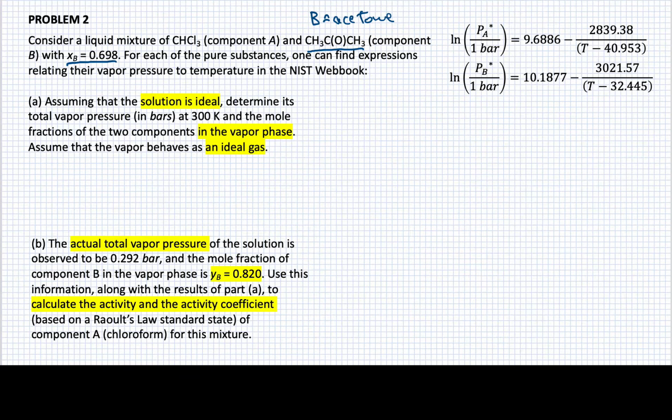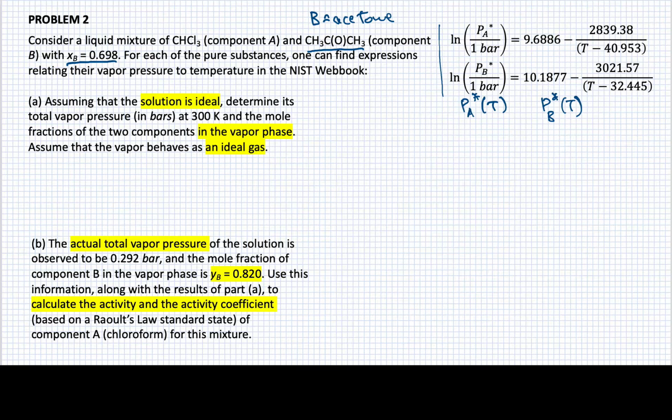And we're given the mole fraction in the solution. And we know the pure vapor pressures of these things as a function of temperature, so this is giving us the pure vapor pressure of chloroform as a function of temperature, and the pure vapor pressure of acetone as a function of temperature, are these two expressions here.